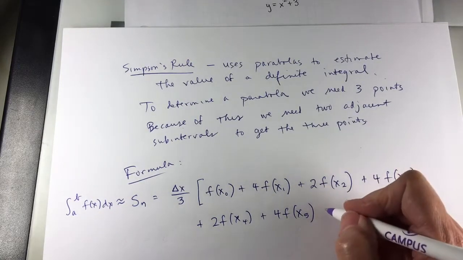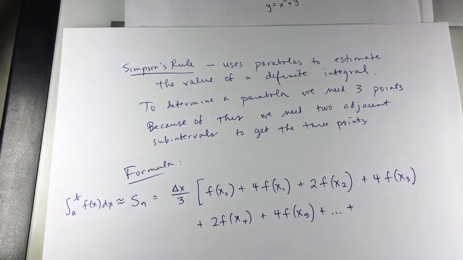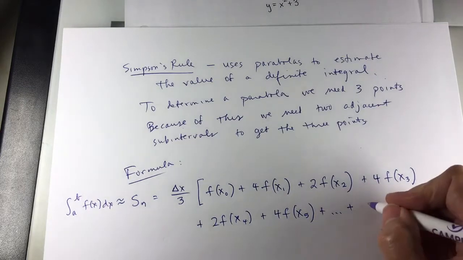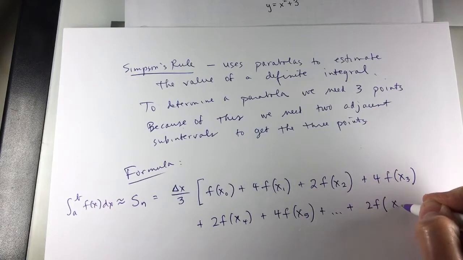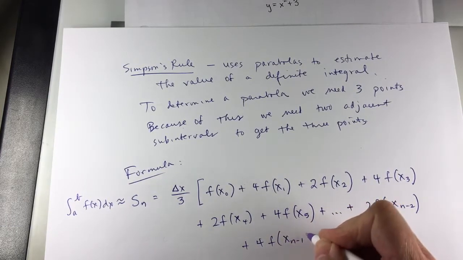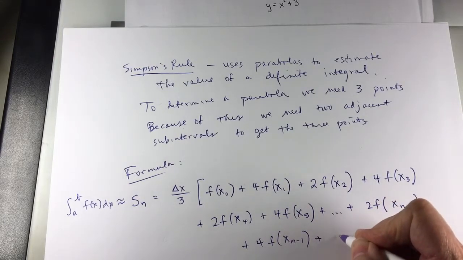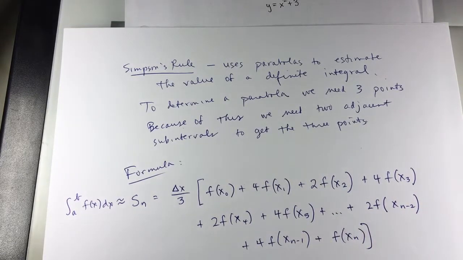Plus dot dot dot plus, and then I'll write the last few terms here: 2 times f at x sub n minus 2, plus 4 times f at x sub n minus 1. Then the last y value stands alone. It's not multiplied by anything. So there's a formula for Simpson's rule.